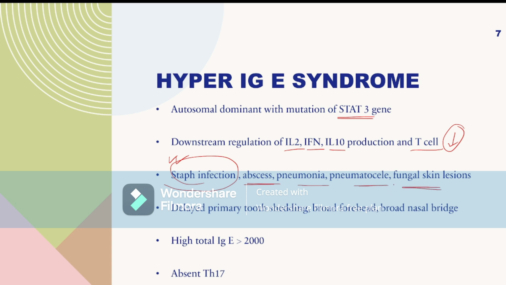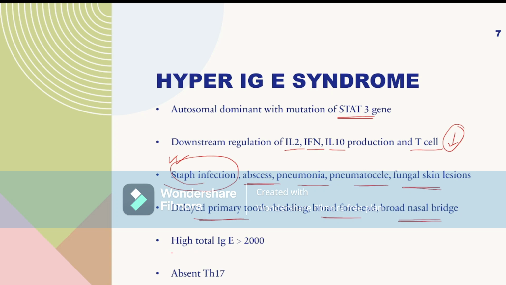So in hyper IgE syndrome, the child may suffer from recurrent pneumonia, recurrent fungal infection like candida. There are also some features from which we can suspect hyper IgE syndrome: delayed primary tooth shedding of the child, broad forehead, and broad nasal bridge.